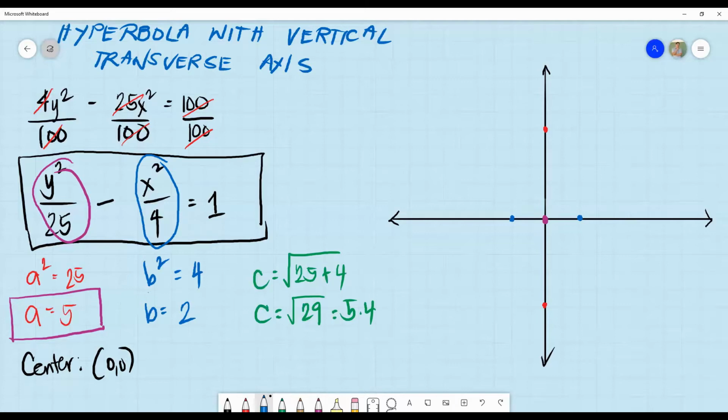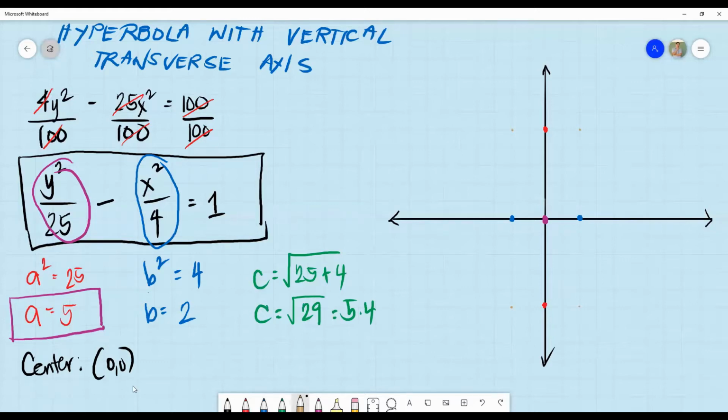And so from here, we form our rectangle by connecting all our vertices and the co-vertices. Imagine that we can form a rectangle by connecting these 4 vertices and co-vertices.